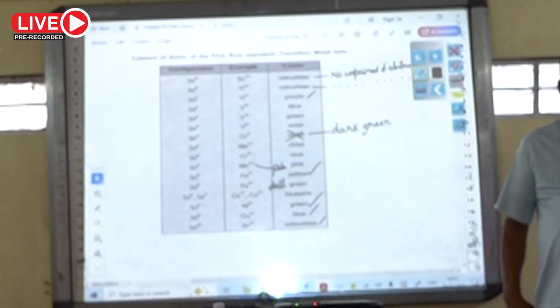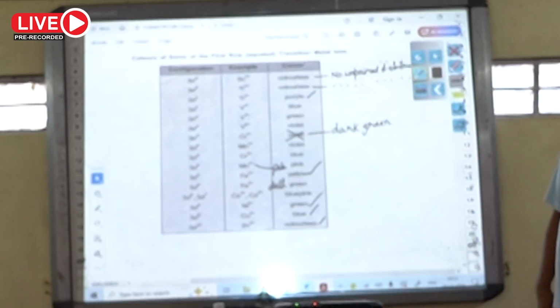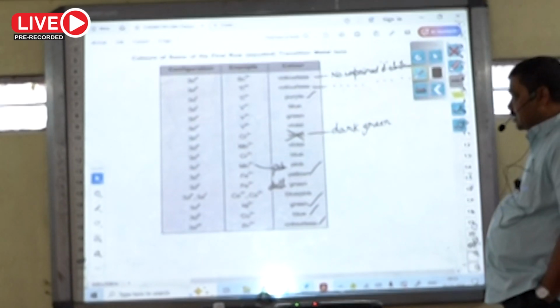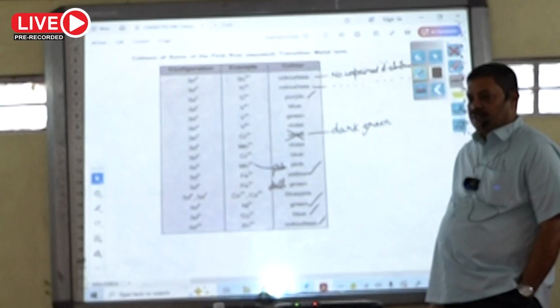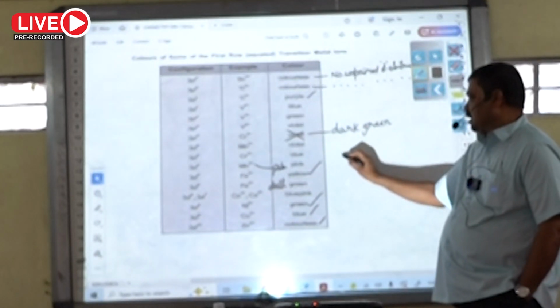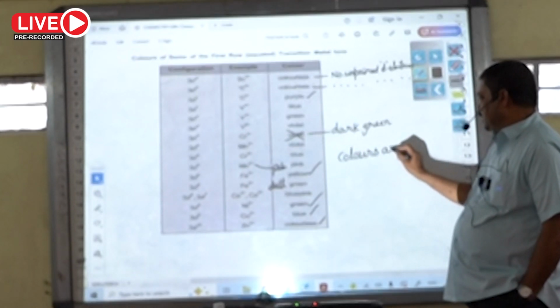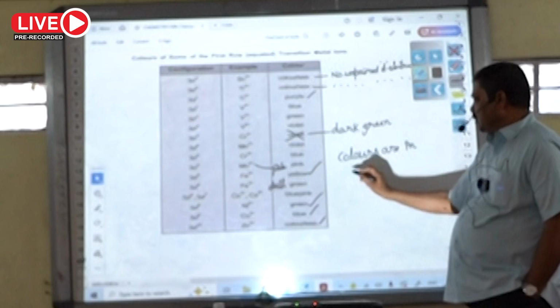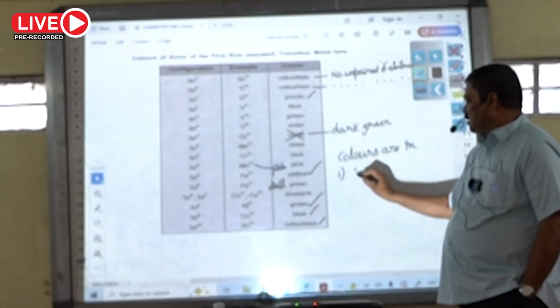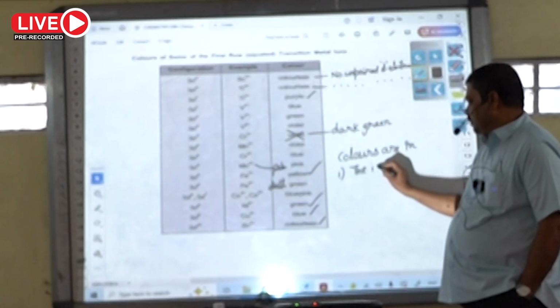So these are the different colors exhibited by the ions of the d block in aqueous medium or in the form of salts. Colors are seen in two cases. Number 1, the ion in aqueous medium.